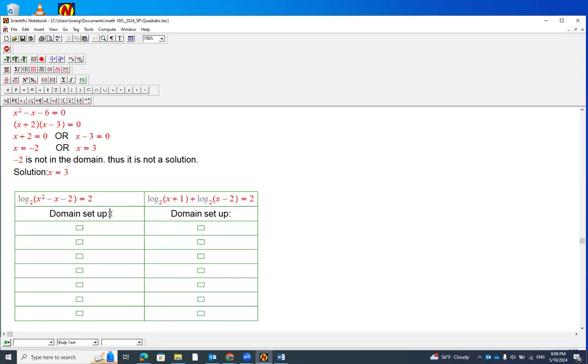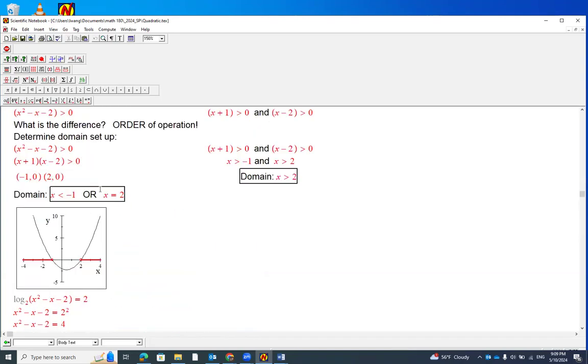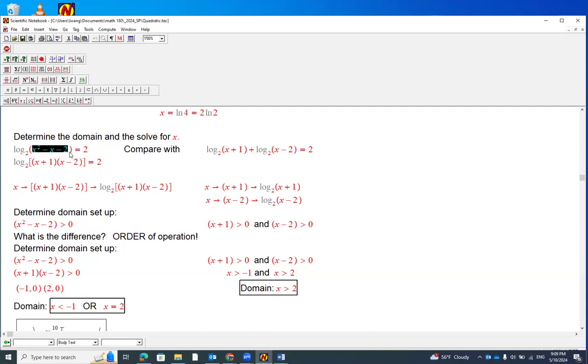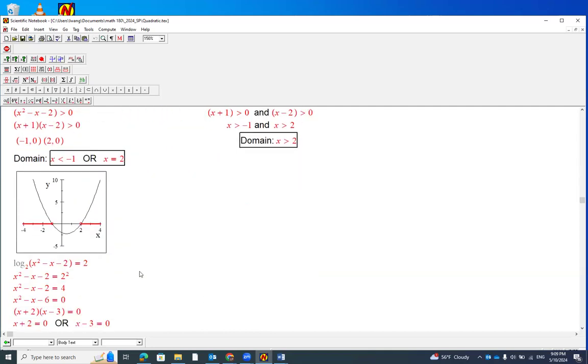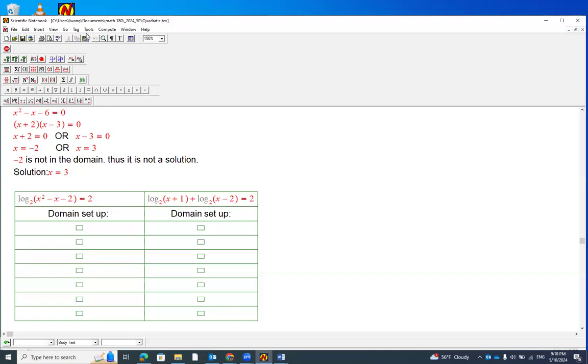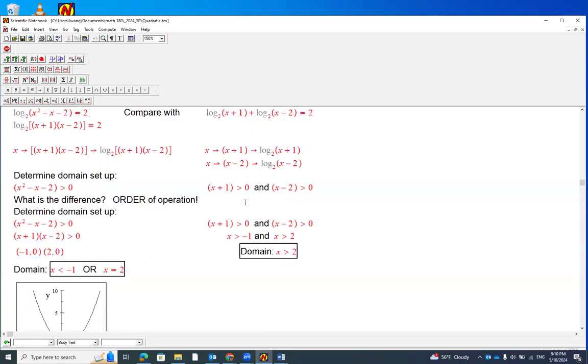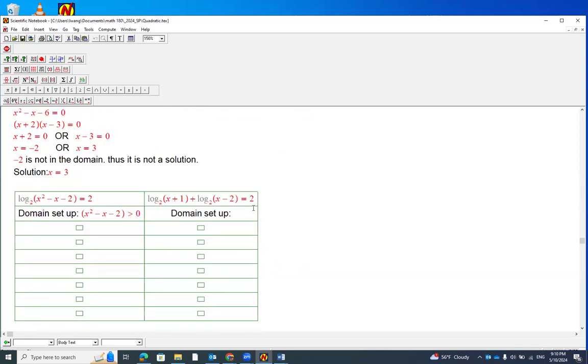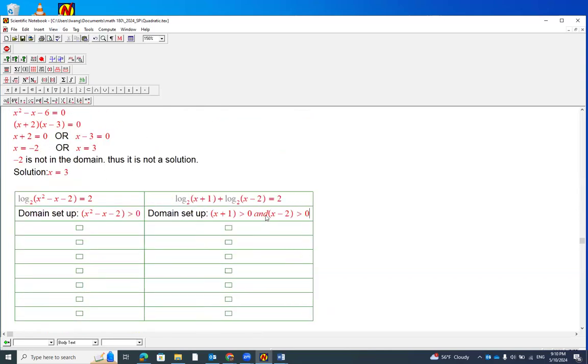So what are the domain setups? For one, the whole of it is greater than 0. That's the domain setup. The domain setup for the other one is this piece. You see, they all agree with the domain requirements for logarithm functions. They must. One has two logarithms and the other has one logarithm.